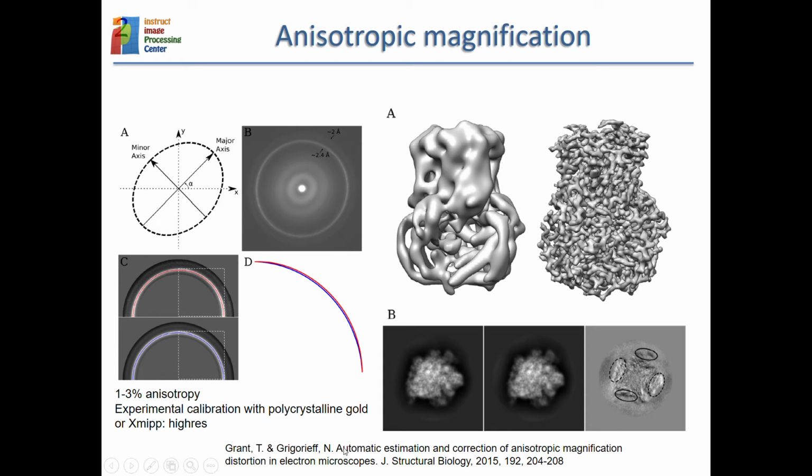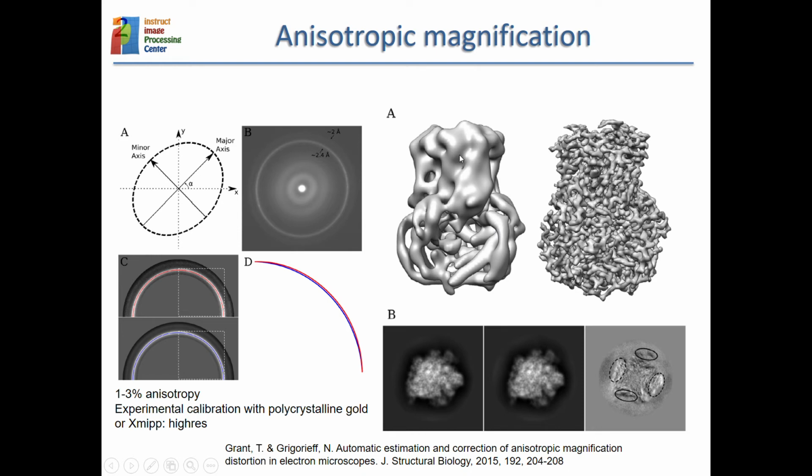And that difference, if you look at the projection of a single molecule, you barely see, but if you subtract those, you see that there are significant differences, especially as you go away from the center of the particle, where all these scaling factors are magnified. And the difference between compensating for those possible anisotropies and not compensating for them can be as striking as the difference between these two structures.